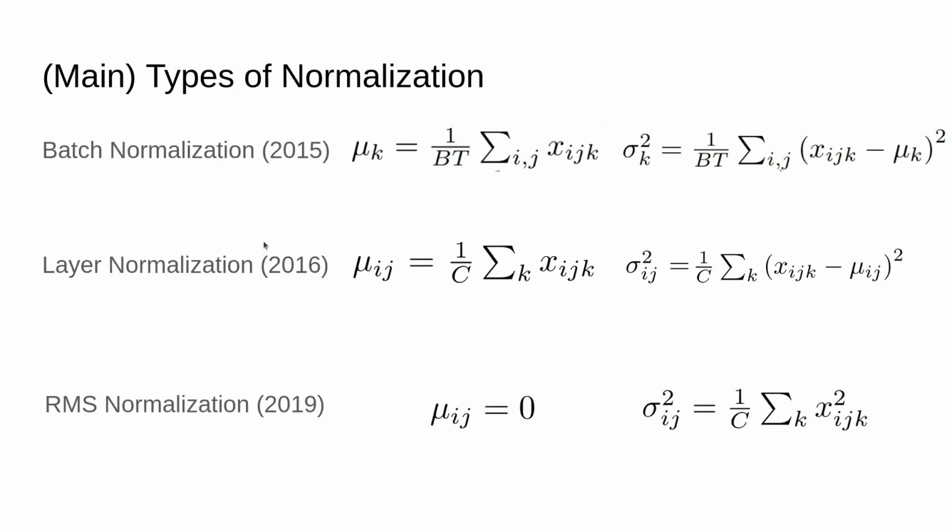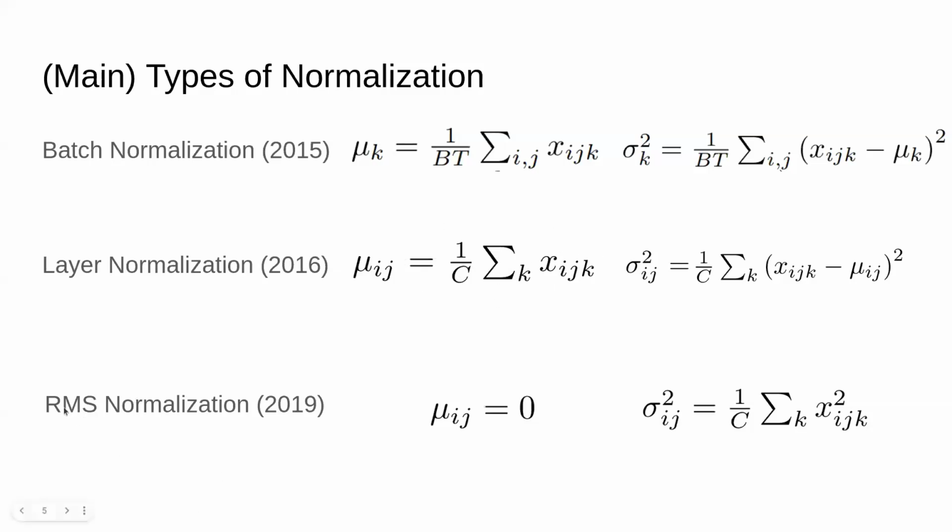And then a year later, you had the layer normalization, which is, I would say, probably the one that's used most, together with the RMS normalization in transformers, especially. And here you take your average over the C, so over the channels, right? So this is basically in this formalism how you distinguish these two.